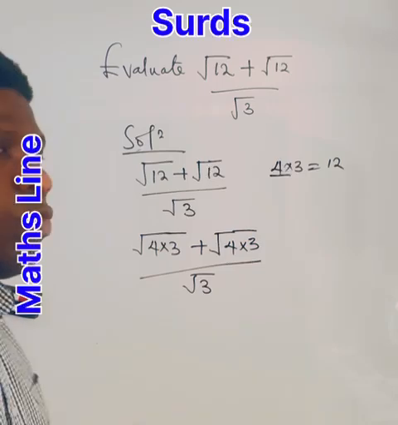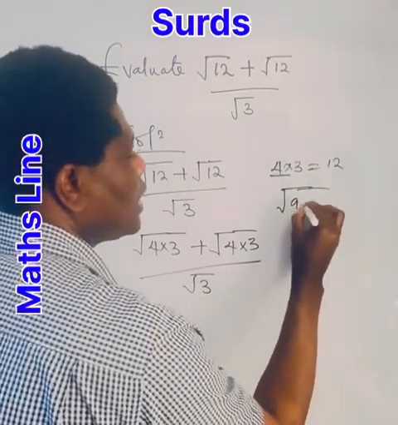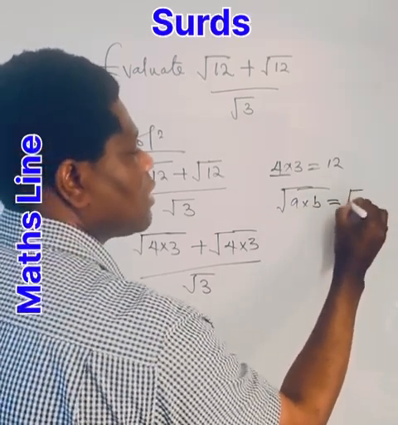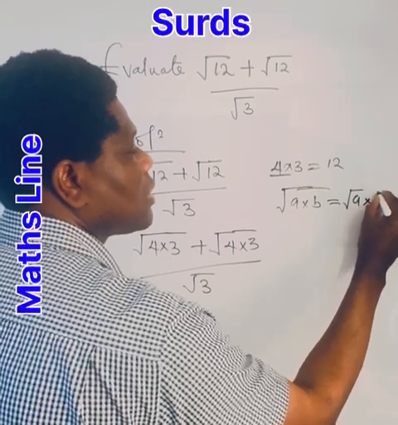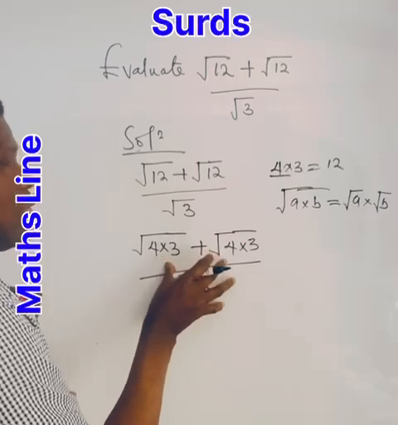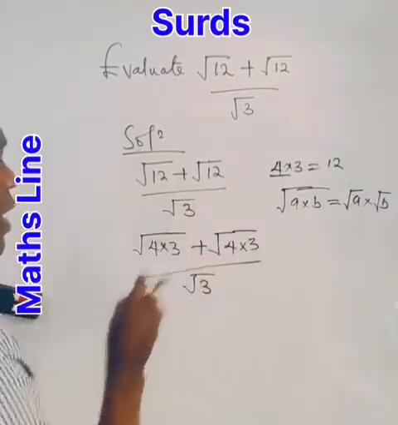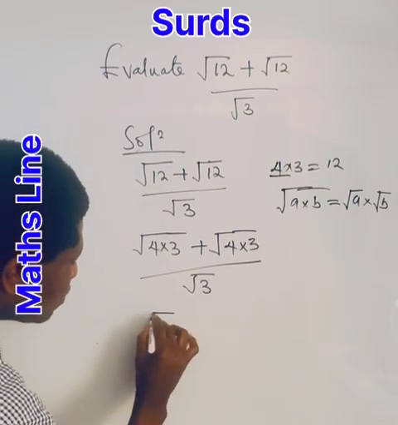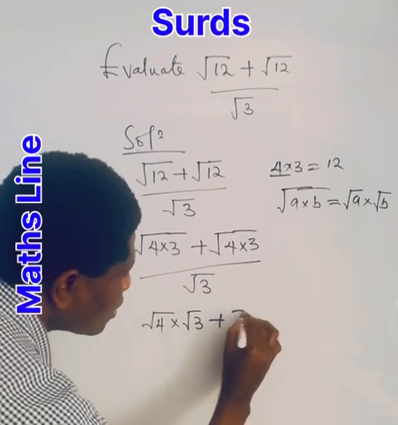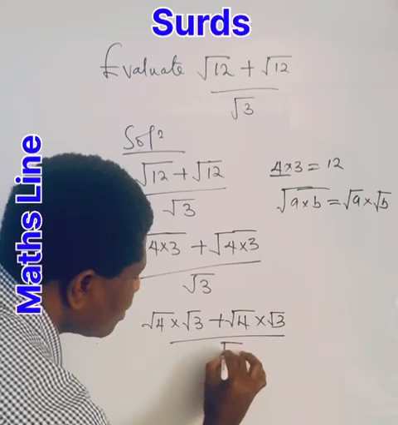Now don't forget, one of the laws of surds says that if you have two numbers multiplied together, root of A times B, we can also express it as root A times root B. So if we apply the same law here, we have root 4 times root 3 plus root 4 times root 3 all over root 3.